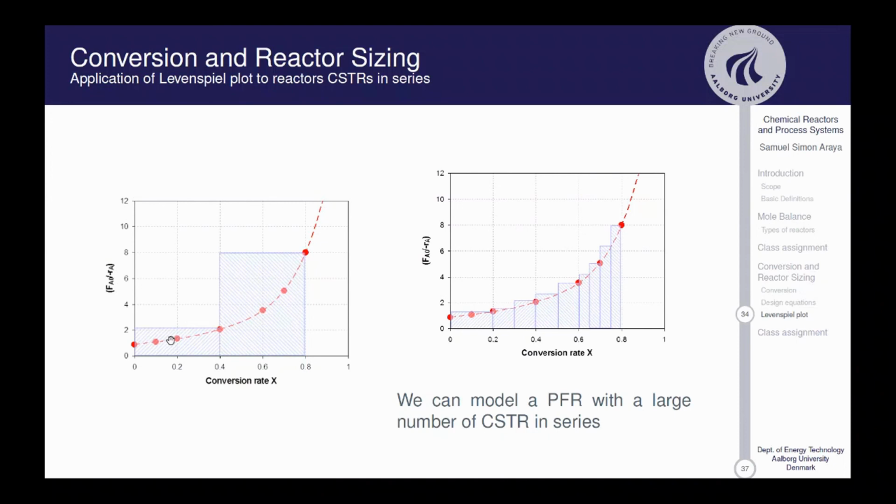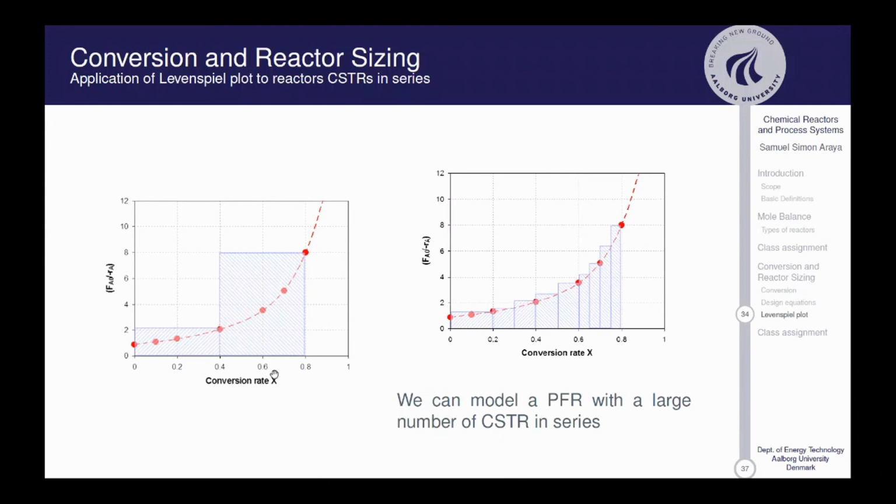And interestingly, we can put a lot of CSTRs in series. As you can see, if we, for example, take each red point as a separate CSTR, we would have this rectangle for the first reactor, this rectangle for the second reactor, then this rectangle for the third, and so on.